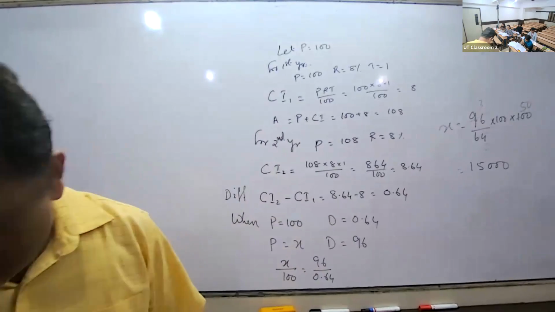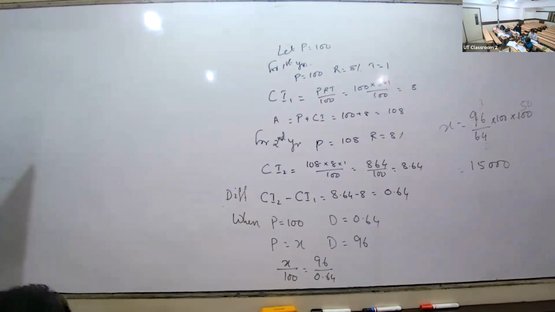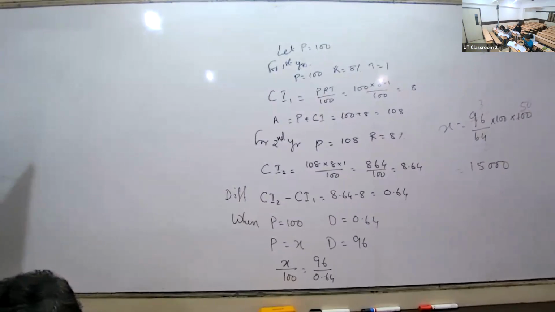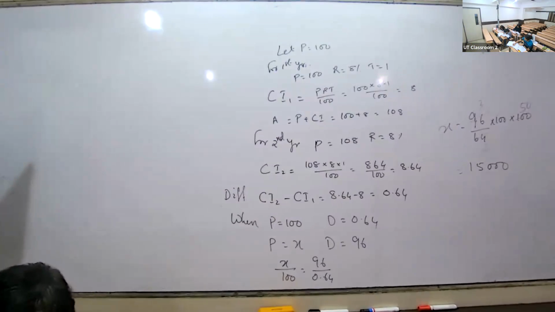For first year, P is equal to 48,000, R is equal to 10%, T is equal to 1.